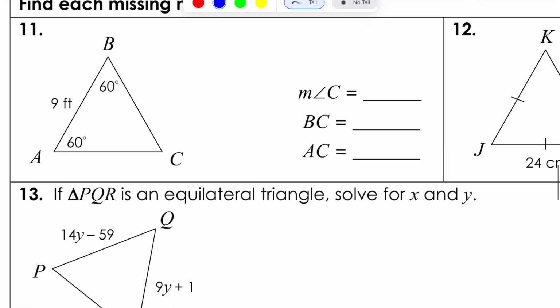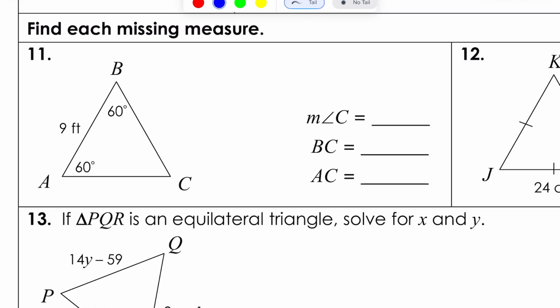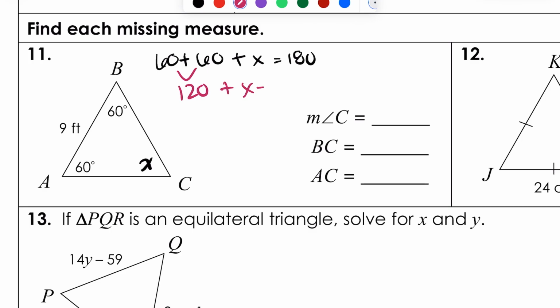Okay, number 11. Does it tell you all the sides are congruent? No. I don't see any marks. It doesn't tell me it's an equilateral triangle. All I see is this 9. This is blank, right? It doesn't even tell you that all the angles are congruent. It just tells you right now 2 of them are congruent. But let's see if we can find angle C. So 60 plus 60 plus x equals 180. 60 plus 60 is 120 plus x is equal to 180.